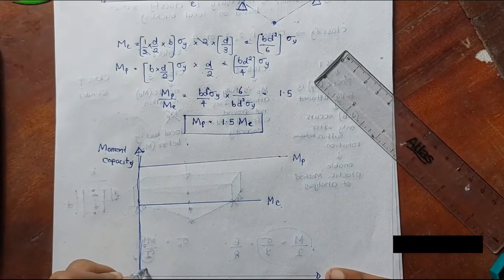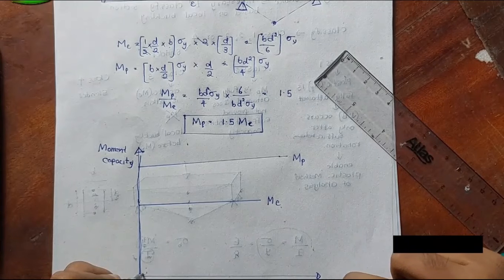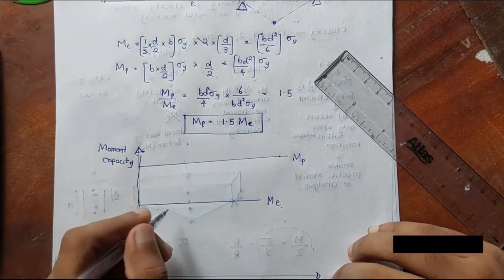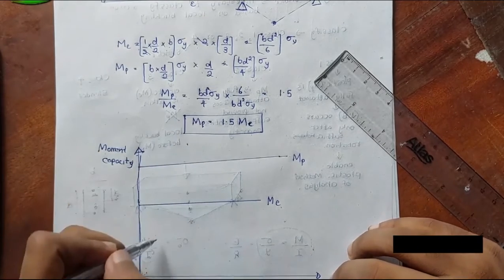Your class 4 sections are slender sections, so local buckling governs them. Class 4 sections are not going to even reach it, so I'll start with class 1.